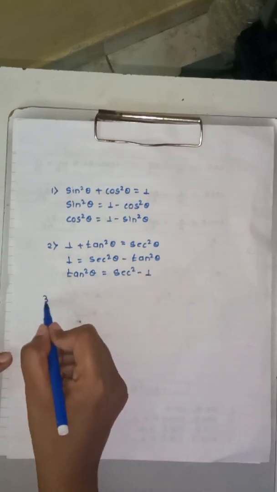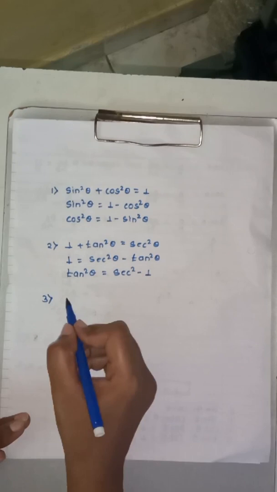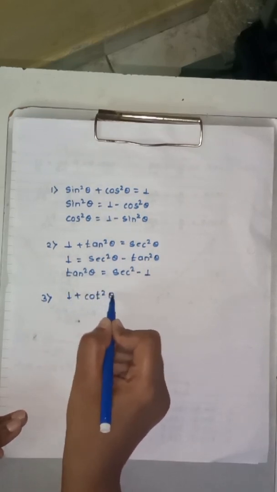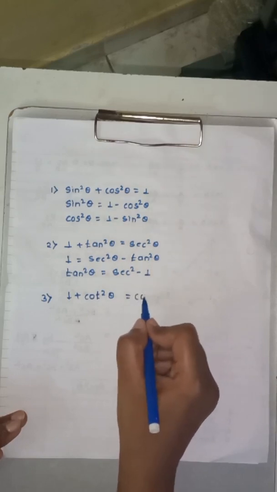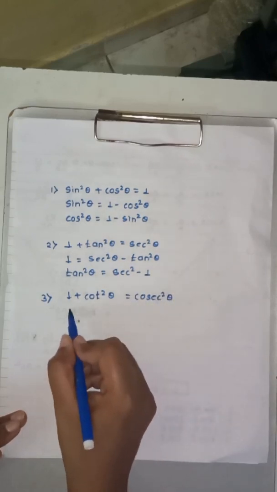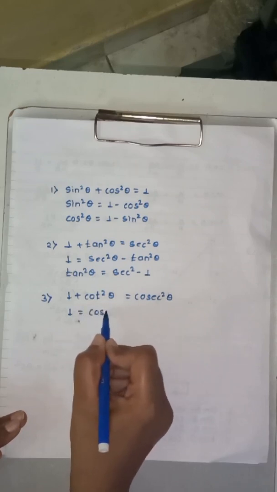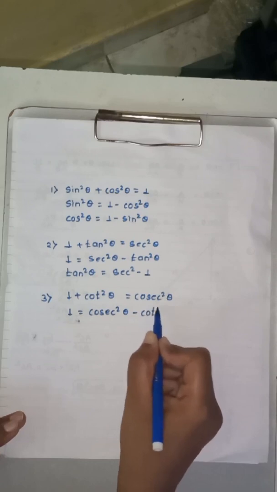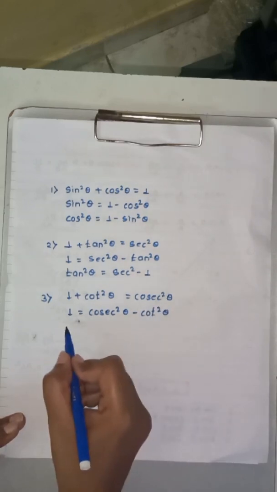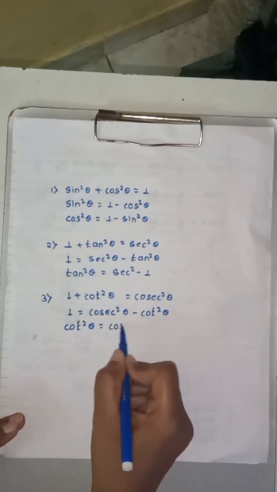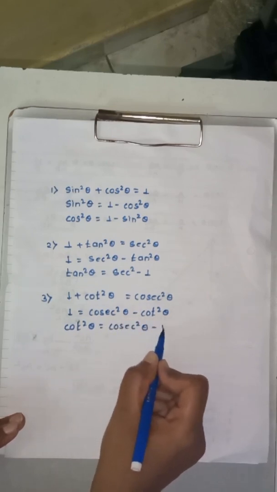And the third identity which you have studied is 1 plus cot square theta is equal to cosec square theta. That can be written as 1 is equal to cosec square theta minus cot square theta. Now you can also write it as cot square theta is equal to cosec square theta minus 1.